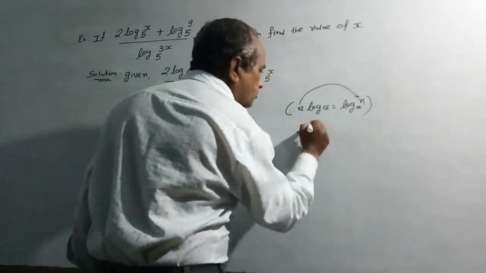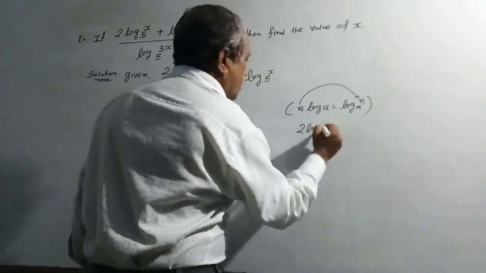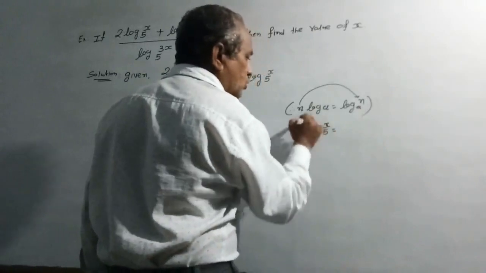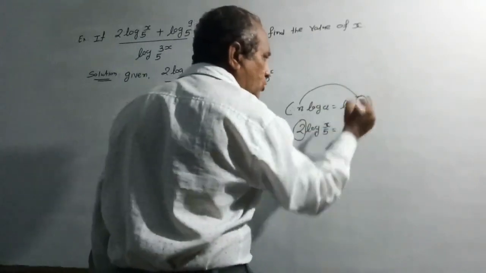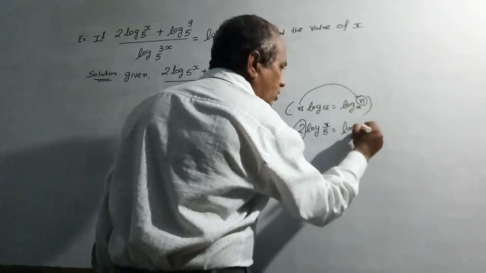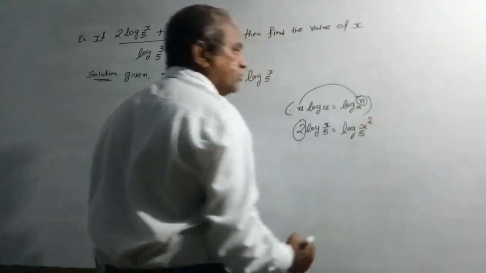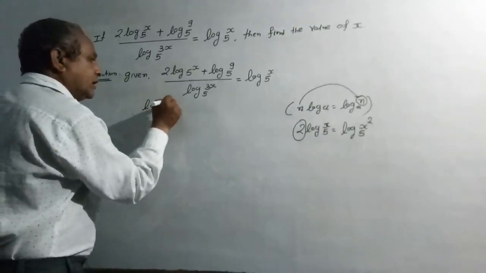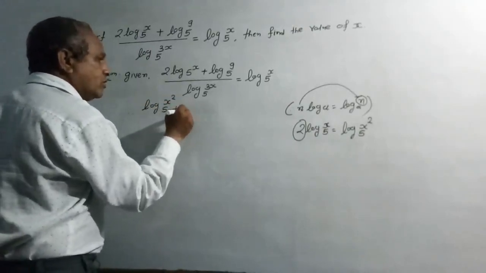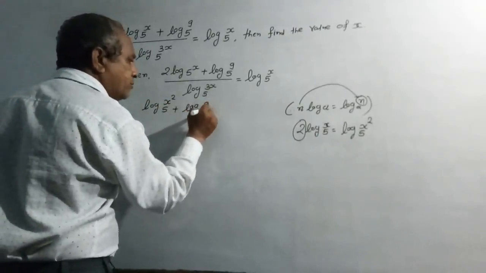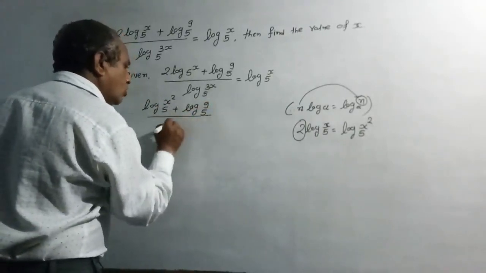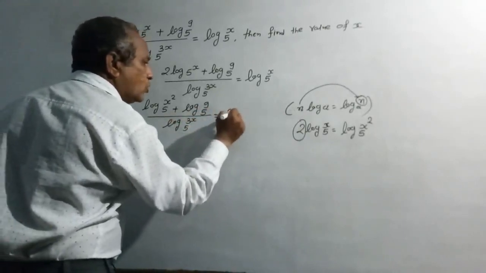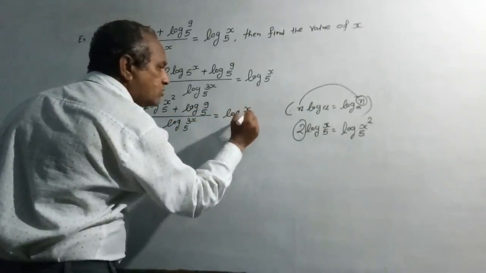Similarly 2 log x base 5: 2 is multiplied with the log, so 2 goes to the power, log x square base 5. So we write log x square base 5 plus log 9 base 5 by log 3x base 5 is equal to log x base 5.